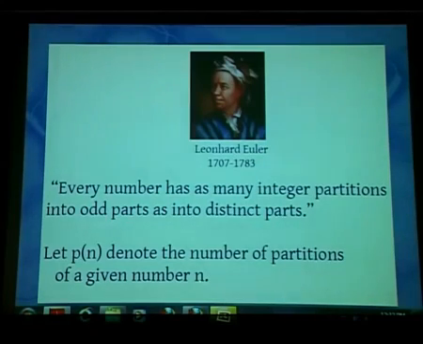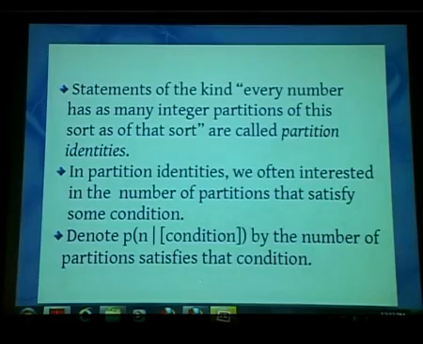For writing this, we need some notation. So I am denoting by P of n the number of partitions of a given number n. I already told you we are going to talk about partitions and partition identities. So what are partition identities?